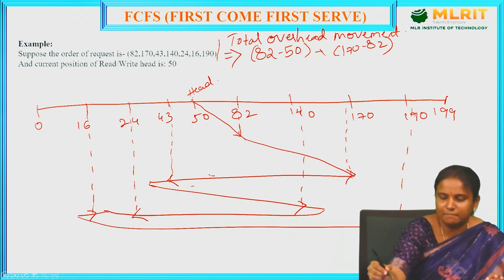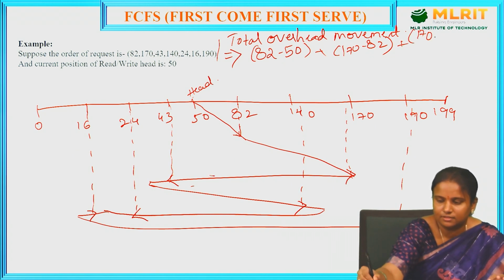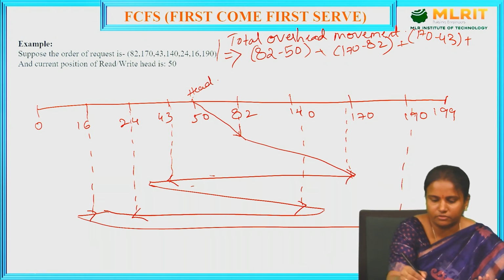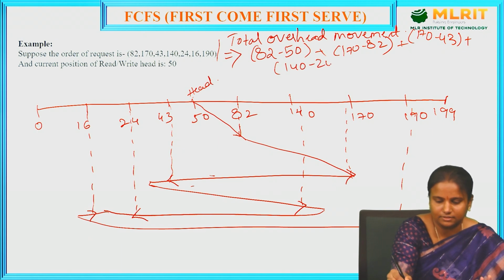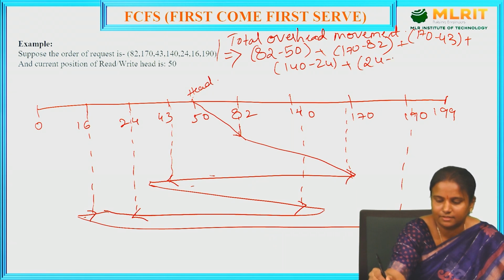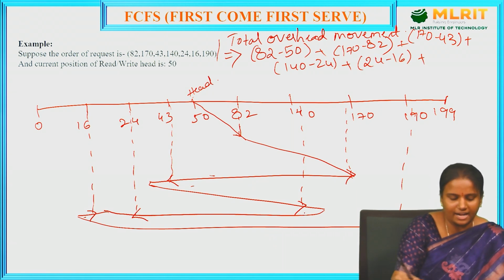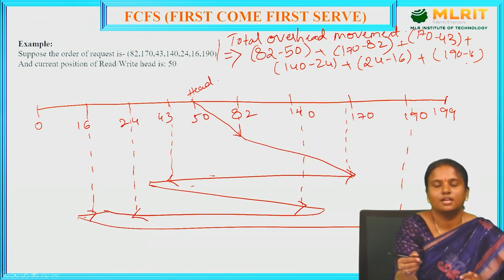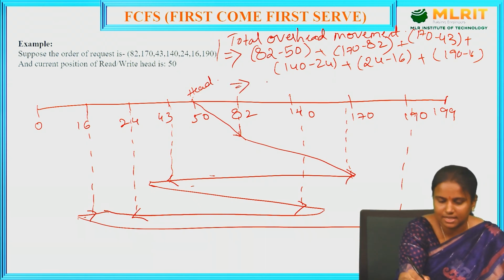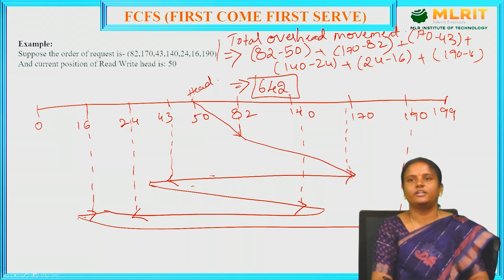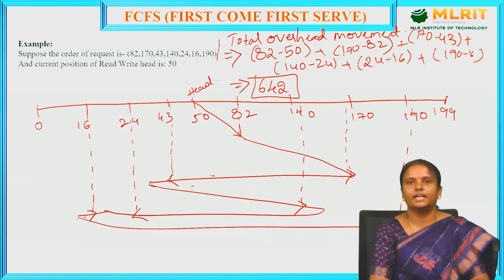Next, 170 minus 43. Next, 140 minus 43... then 140 minus 24. Next one is 24 minus 16. And the last one is 190 minus 16. So what is the total value? 642. This is the total overhead of the movement of the first come first serve scheduling algorithm.